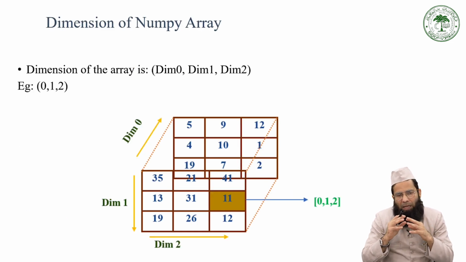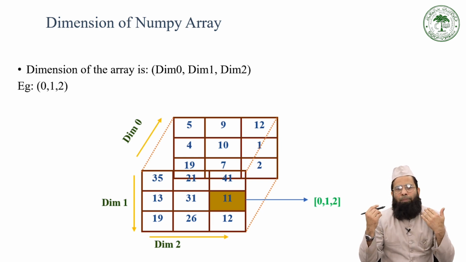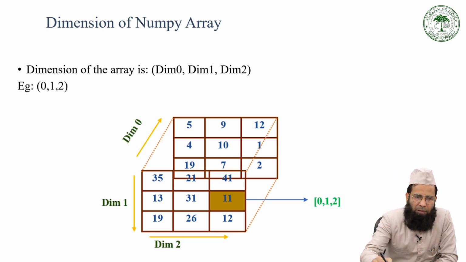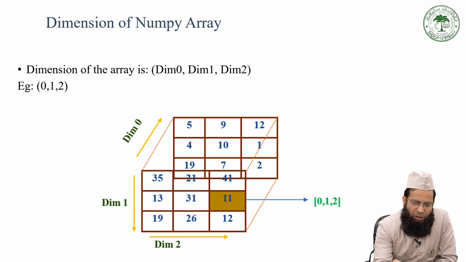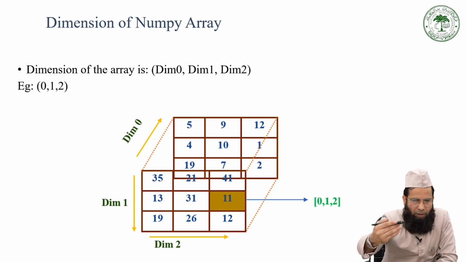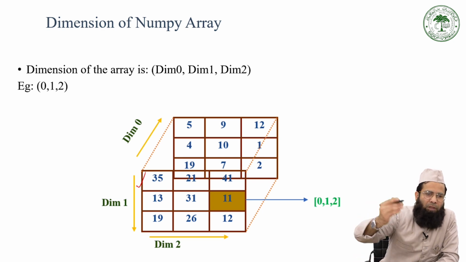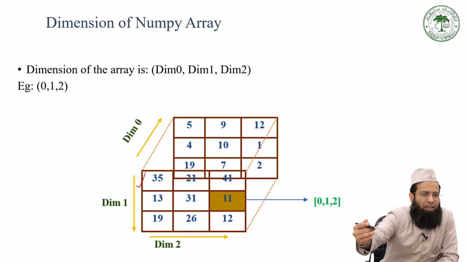Now, if we need to find out the dimensions, how does Numpy treat dimensions? So here in this diagram, dimension 0 tells about the number of tables, I would say. Let's say this is the very first table, and similarly you could have more. So dimension 0 is for the number of two-dimensional arrays, right?